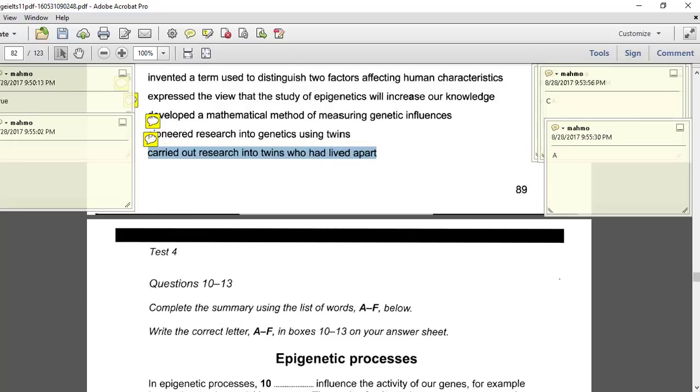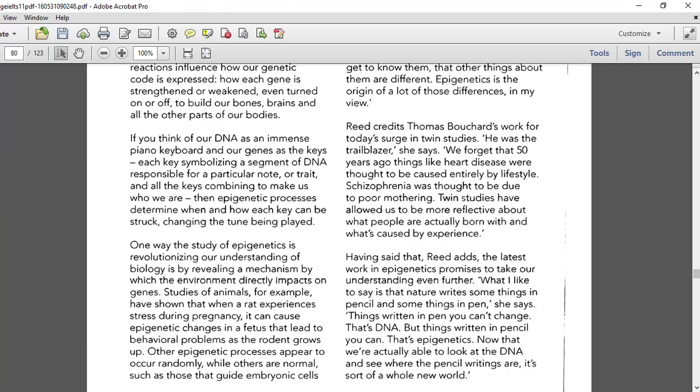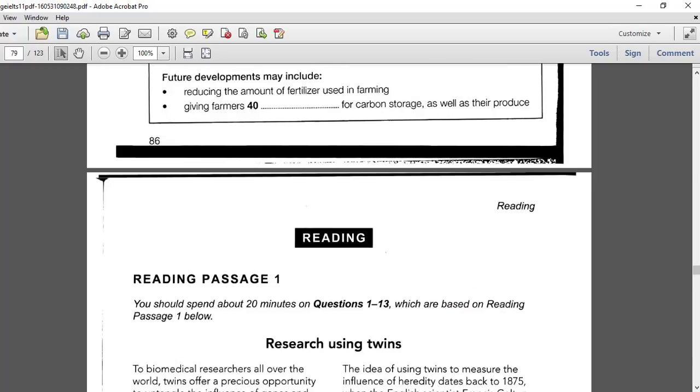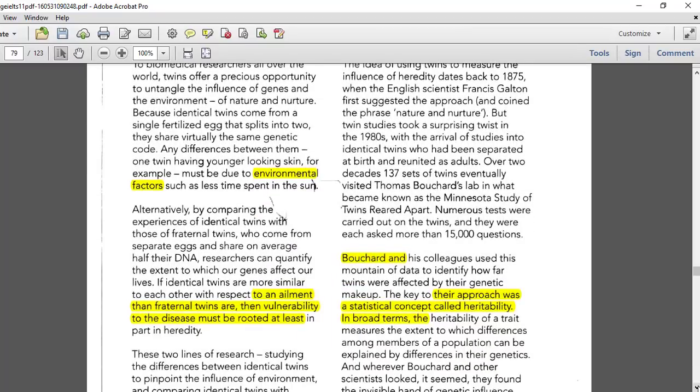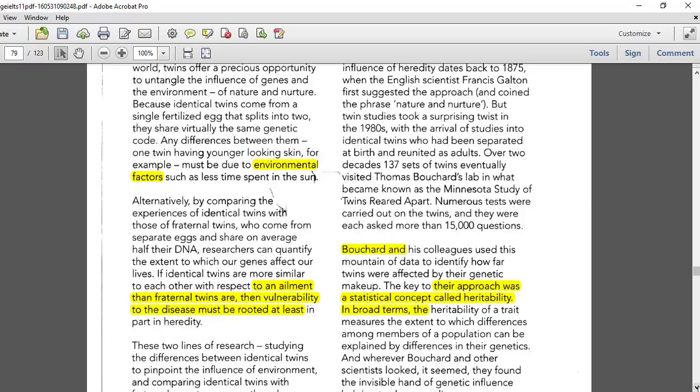Twins who were separated. We went through this before also. So get back to the passage and see who is the one who did research on twins who were separated. Here it is: with the arrival of studies into identical twins who had been separated at birth and reunited as adults. Who did this again?